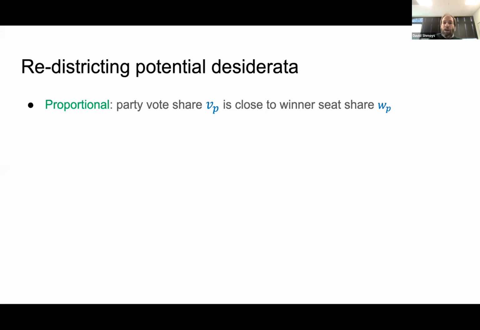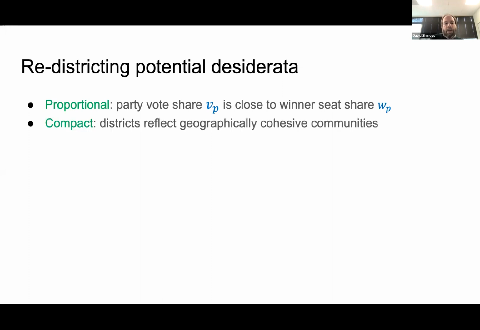A desideratum might be that it should be proportionate: if you get 43% of the vote, you should get something like 43% of the resulting seats.